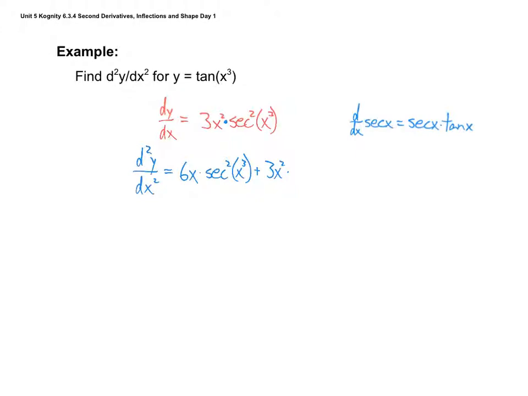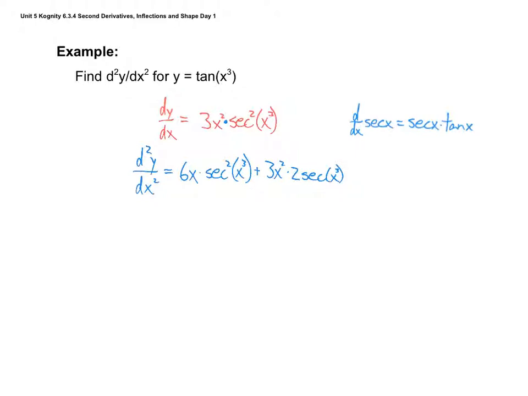The square is the outermost function. It's something squared, so the derivative of that is 2 times the something to the first power. Well, the something is secant of x cubed. So what exactly is inside the square?